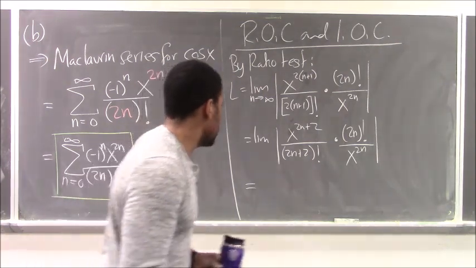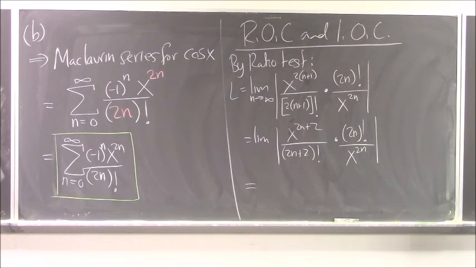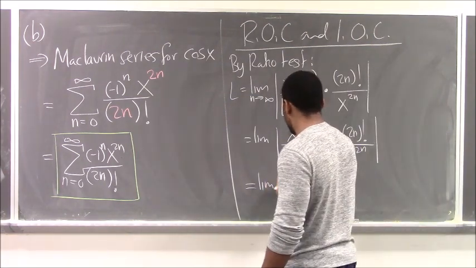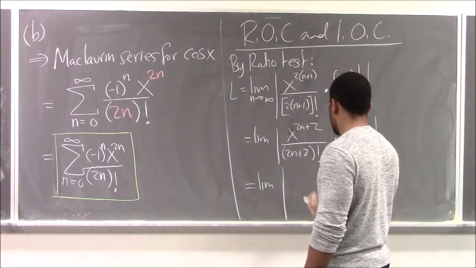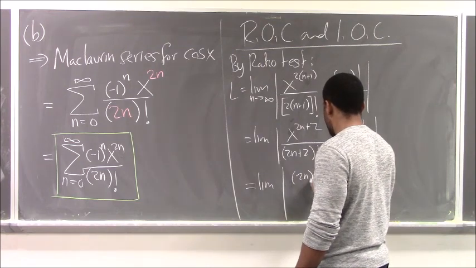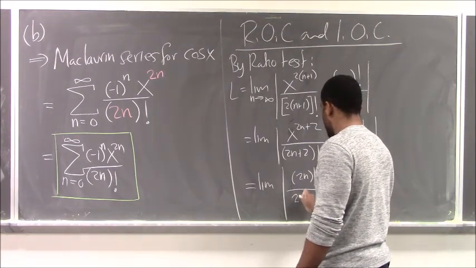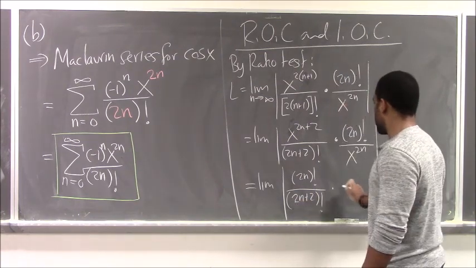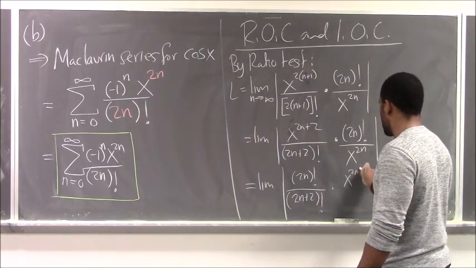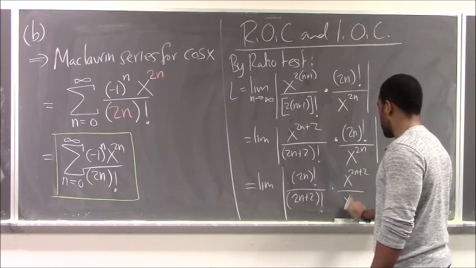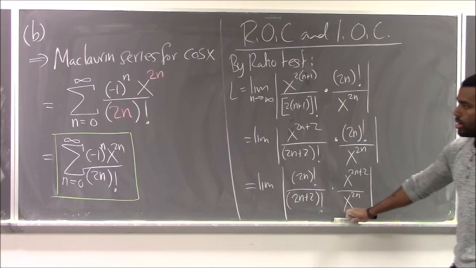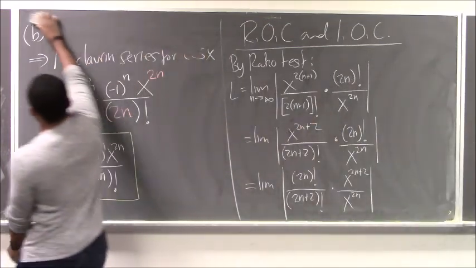Yeah, you group them. So we have the limit, let's put all the n's together, 2n factorial over 2n plus 2 factorial, then group all the x's together, so this is x to the 2n plus 2 over x to the 2n. Now do you see anything you can take advantage of?